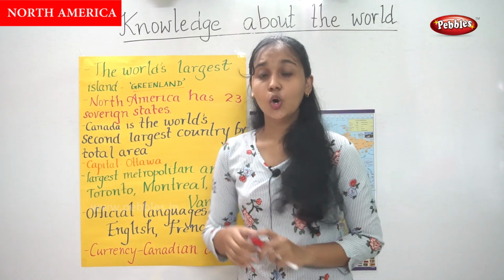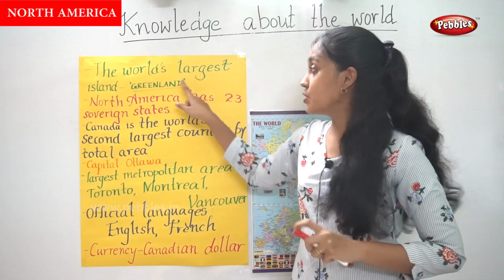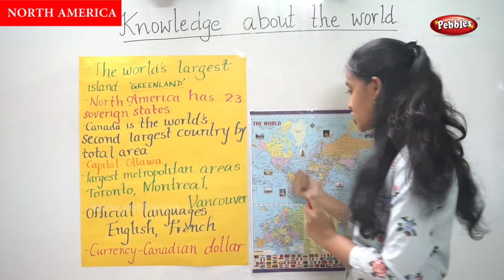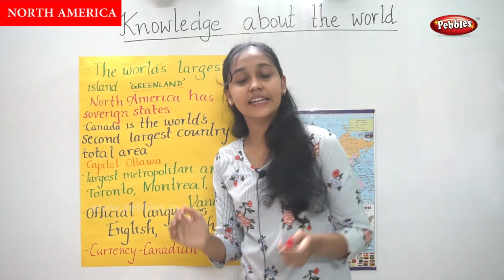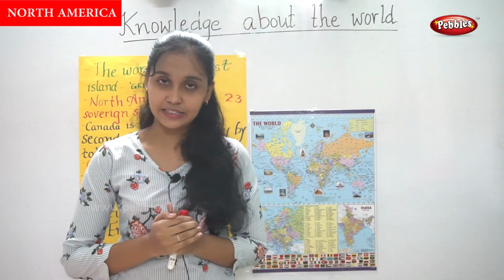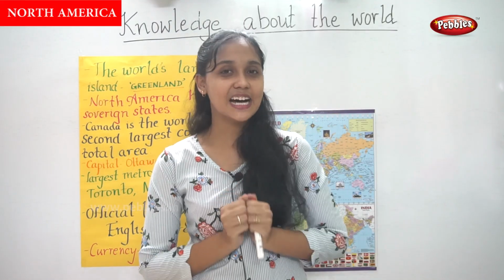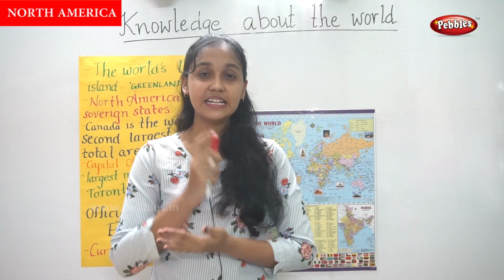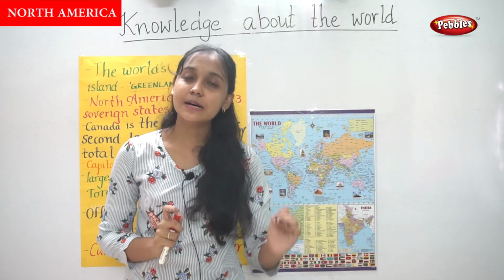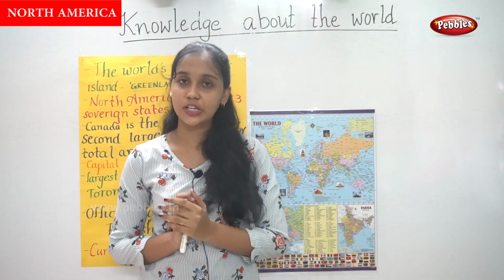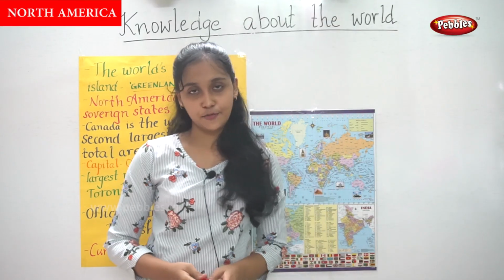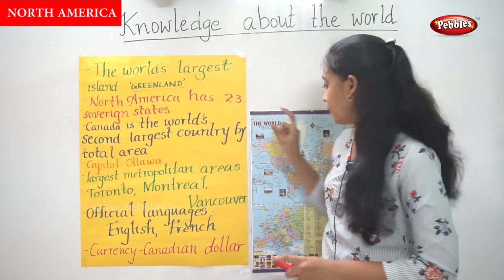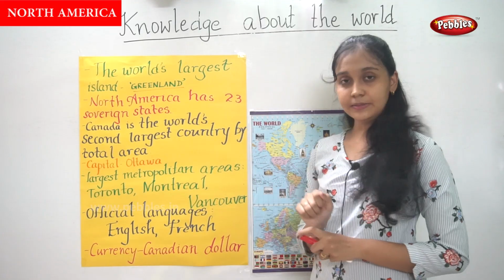So once again, what did we learn here? The most important thing, the world's largest island, Greenland, belongs to North America. Then we learnt about Canada. So Canada is the second largest country in terms of area. So in terms of area, that is very important because sometimes they give you in terms of population. So that time it will be different. And then the capital of that country is Ottawa.